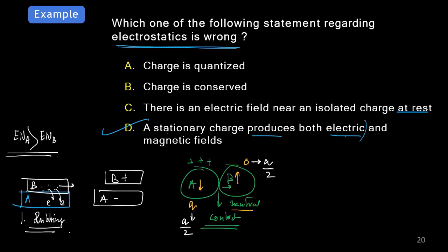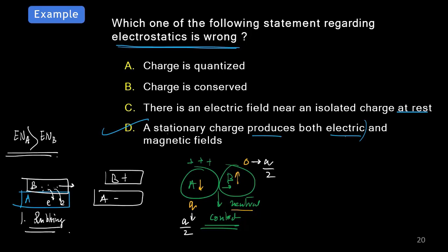So the charge transfers from A to B. During this mechanism I have to make contact between A and B, and only because of that does charge go from one body to the other.